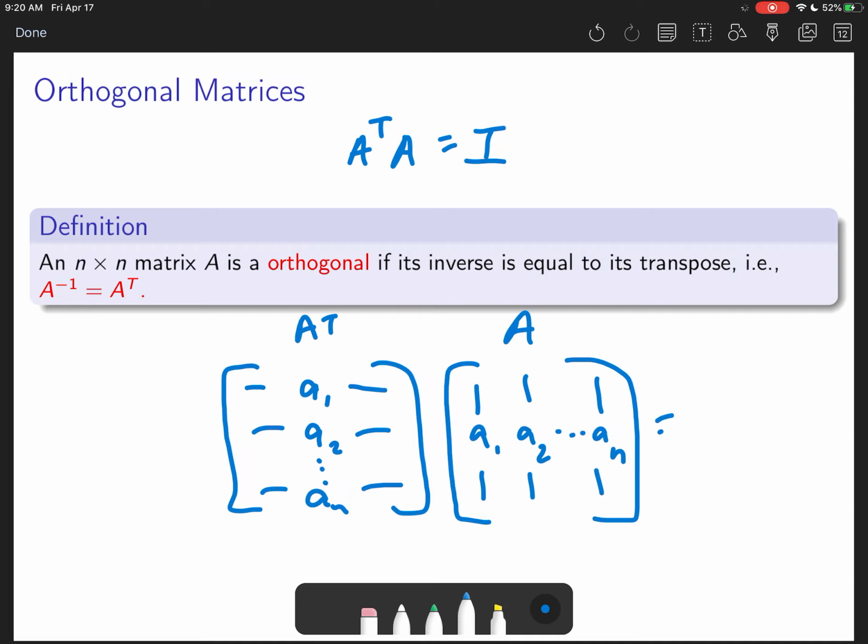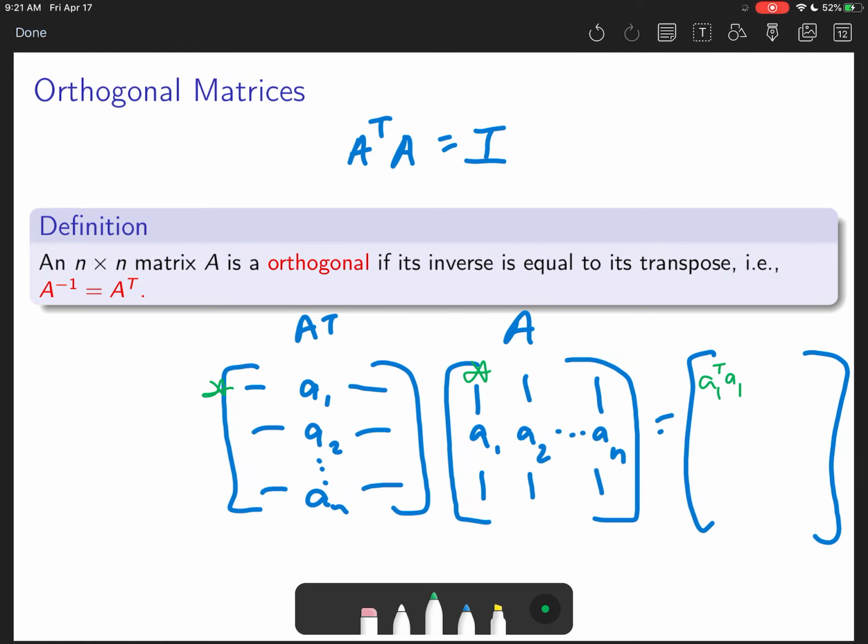And so what this means when we're multiplying these two together, now we can use the language of dot products. This first entry, correlated to this first row and this first column, is A1 transpose times A1.